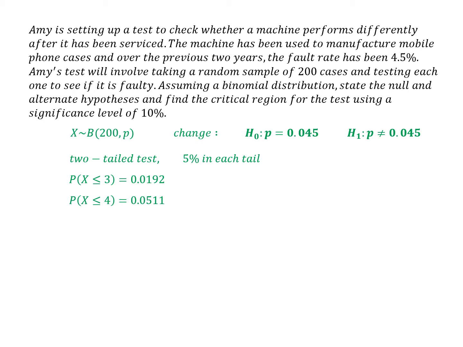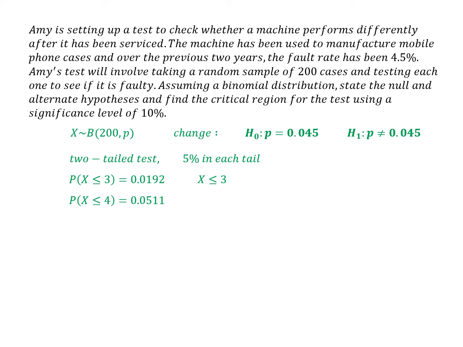The probability that X is less than or equal to 3 is that, whereas X less than or equal to 4 is that. Now this is the number which is below 5%, so that forms the lower part of my critical region. So X less than or equal to 3 is the lower part of the critical region.